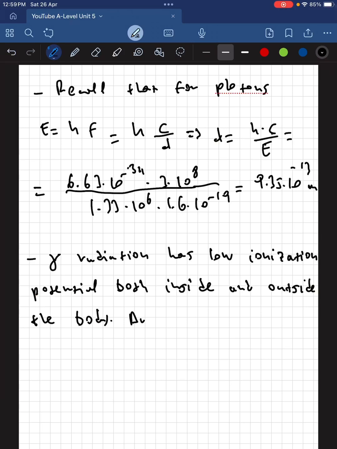But nevertheless, long-term exposure is dangerous.